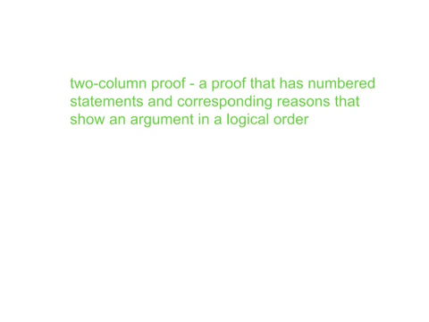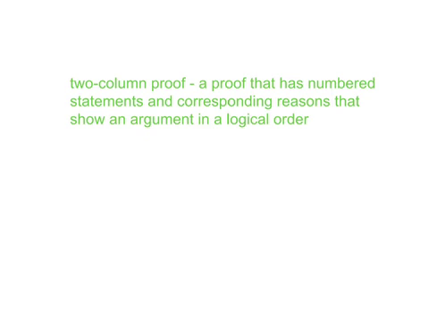I'm going to do what's called a two-column proof. The two-column proof is a proof that has numbered statements and corresponding reasons that shows an argument in a logical order. Okay, so there's going to be a statement and a reason, a statement and a reason, a statement and a reason. You must give a reason for every statement that you make.